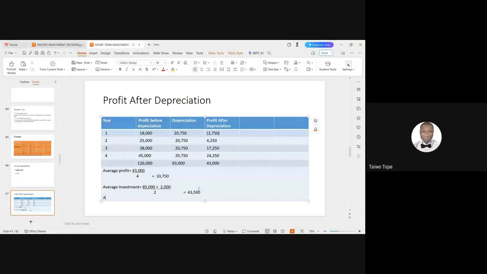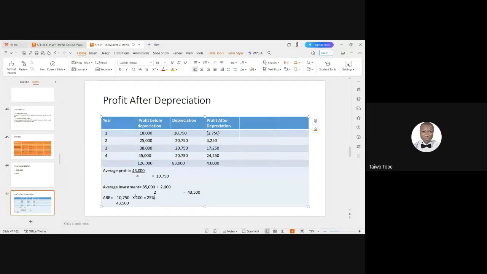So your accounting rate of return will be equal to estimated average annual profit, 10,750, divided by estimated average investment, 43,500. Everything multiplied by 100 will give you 25%.